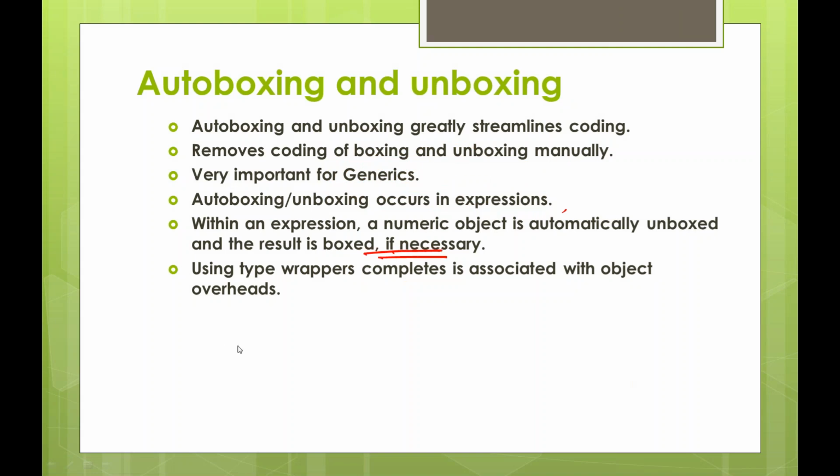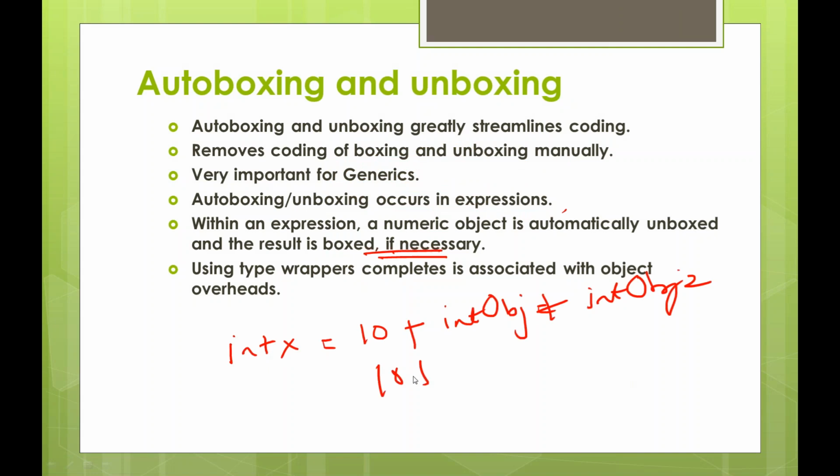Say for example you have int x is equal to some value 10 plus int obj. Whenever I say obj, that means it is an object. And then you have some other int obj2. Assume this has 15 and this has 20, so the value will be 10, 15, 20, 45.